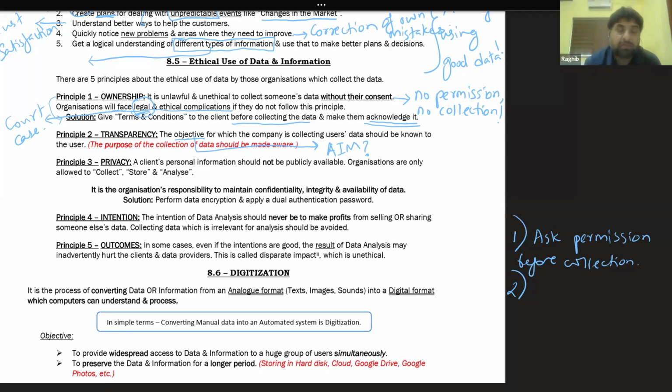Safe from other people who are not at all associated with the data, safe from people who, if they come to know about this information, might lead to some dangers. So it is said in principle number three that a client's personal information should not be made publicly available.